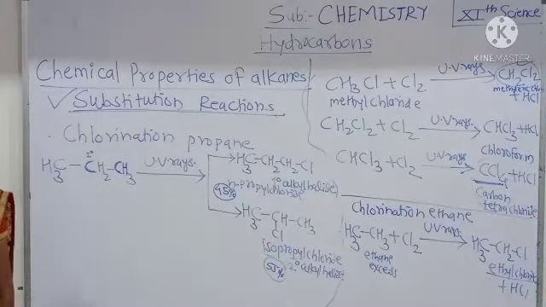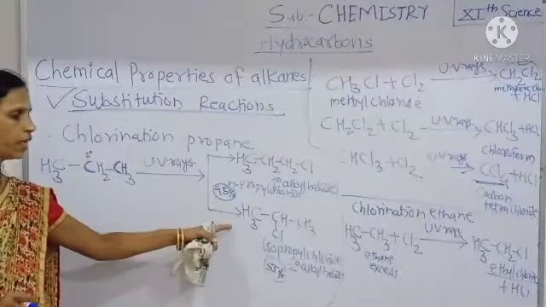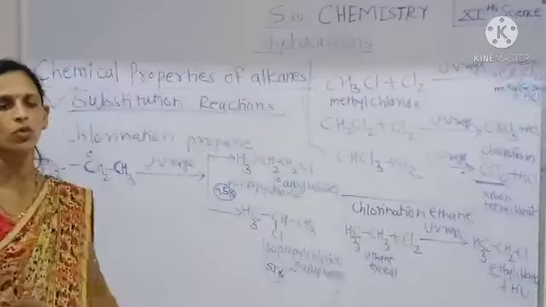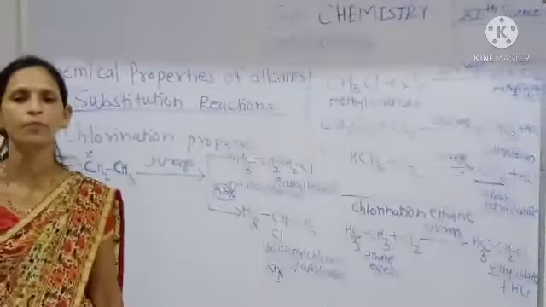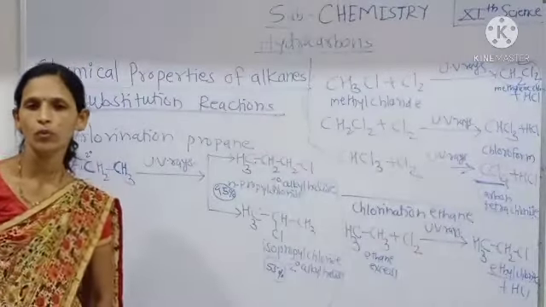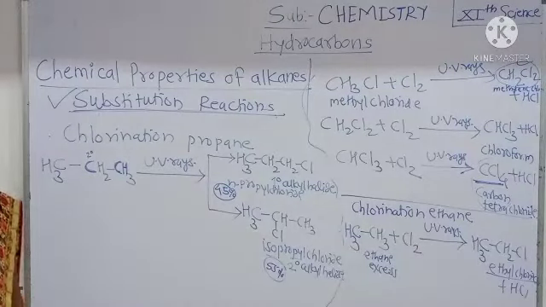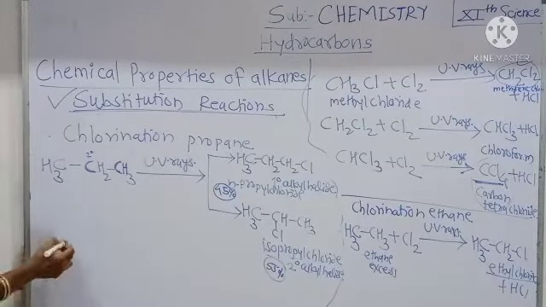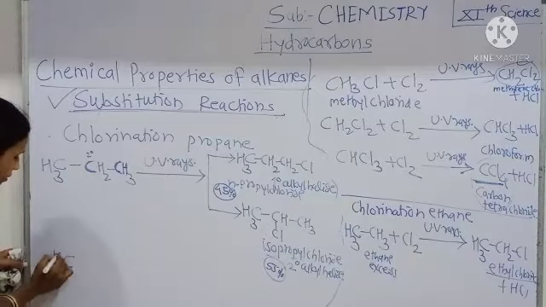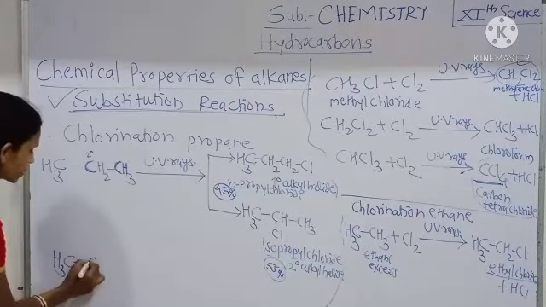That means here the major product is the secondary alkyl halide, that is isopropyl chloride. Similarly, here we can obtain different types of alkyl halides when chlorination of a branched alkane takes place.